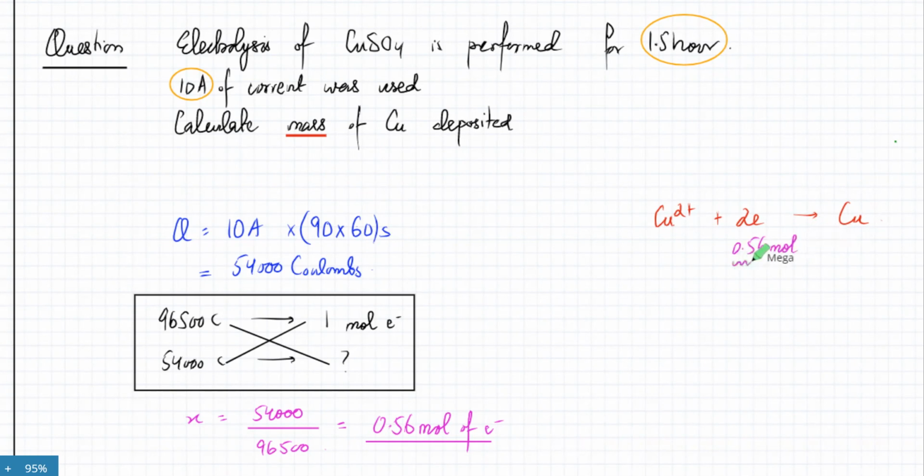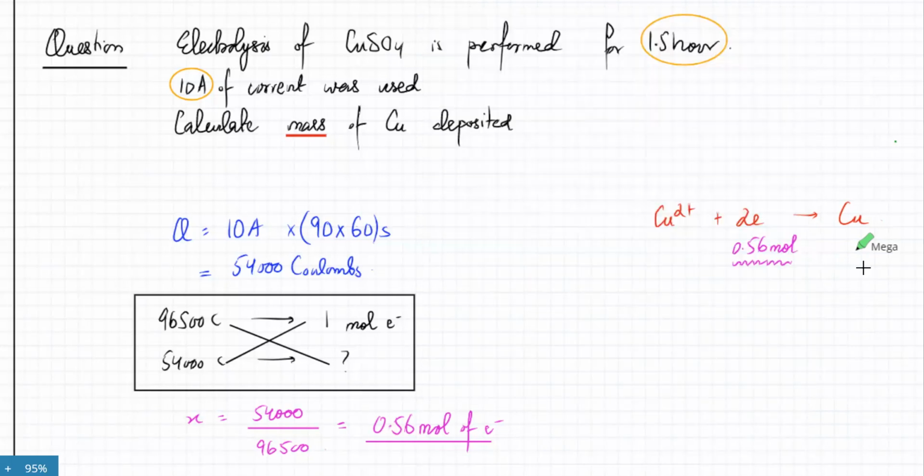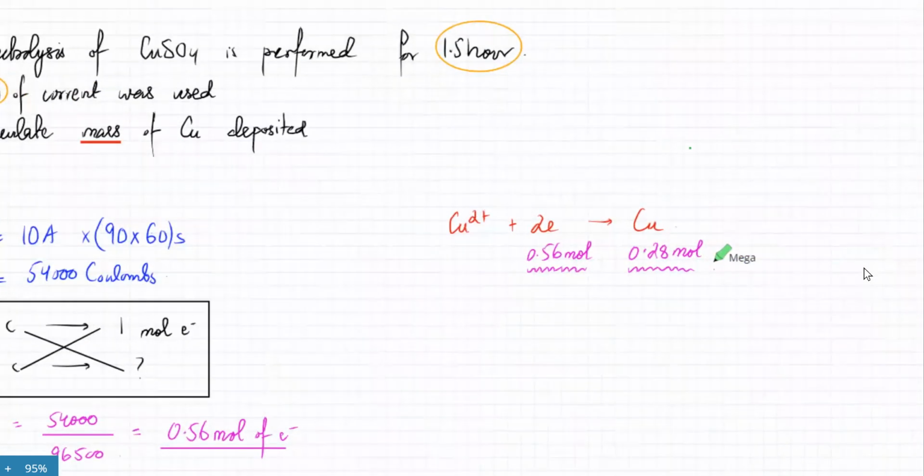According to the ratio, the amount of copper is going to be half of that. So half of this, divide by 2, gives me 0.28 moles. And now I can find the mass.